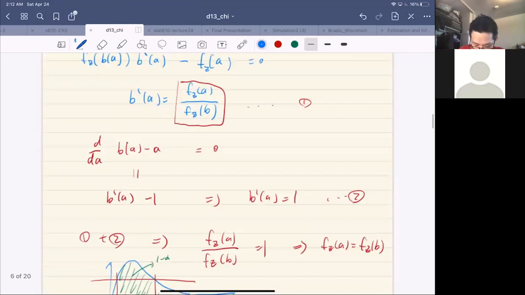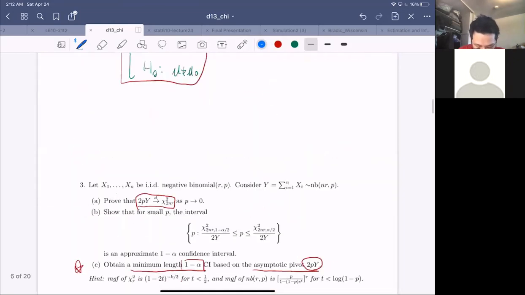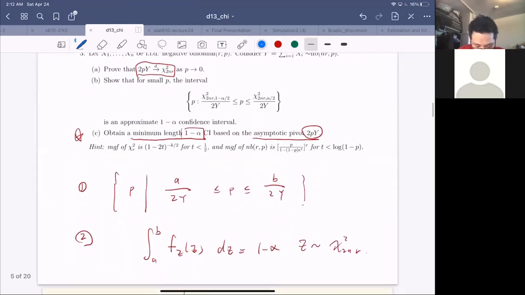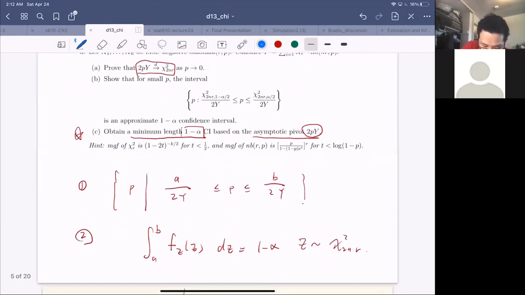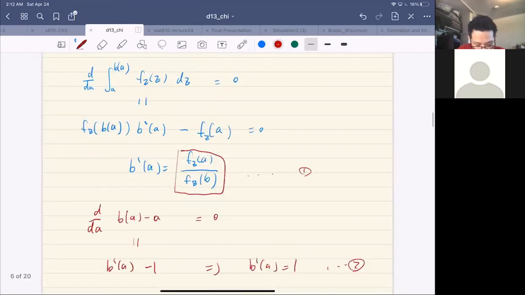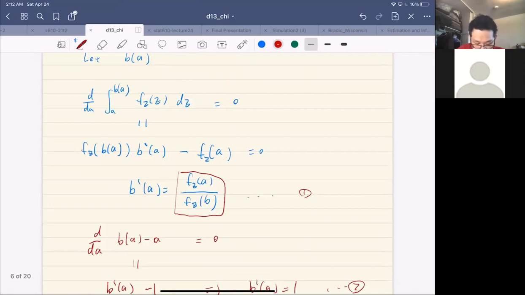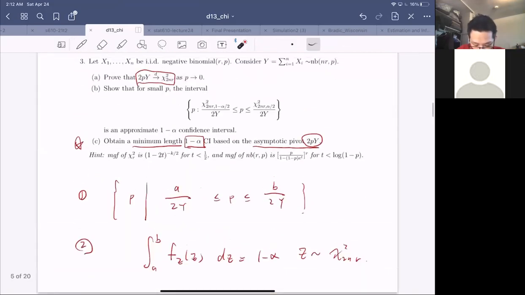Any questions? I would say how to find the minimal length confidence interval is very important. So you can use this technique to find the confidence interval.